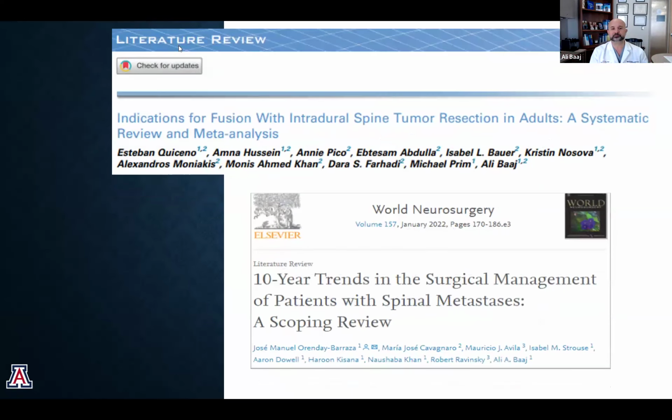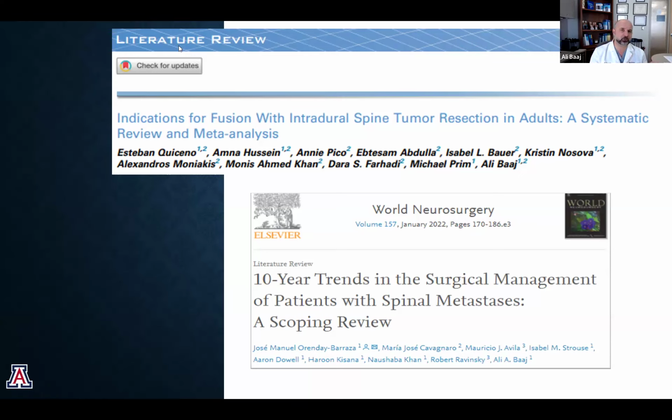These are just a couple of recent studies from our group looking at the trends in the surgical management of spinal metastases. There's no question that there is agreement that less is more. Minimally invasive stabilization, percutaneous stabilization, and decompression is gaining a lot of traction. And in terms of intradural and even intramedullary tumors, like the ones Dr. Shankar showed, when I was in training, we used to fuse all those patients.